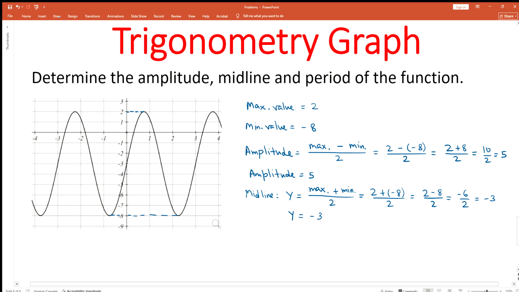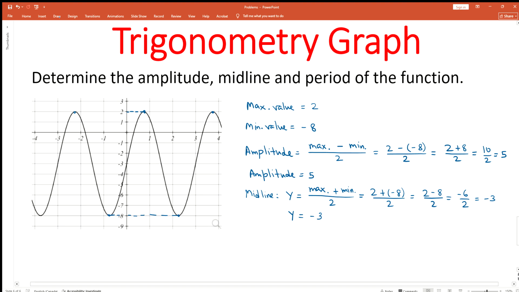In this graph, the maximum points are not exact points. Similarly, the minimum points on this function are not exact points because we cannot determine the coordinates of these points from the given graph. So we should use the midline of this periodic function to find its period.